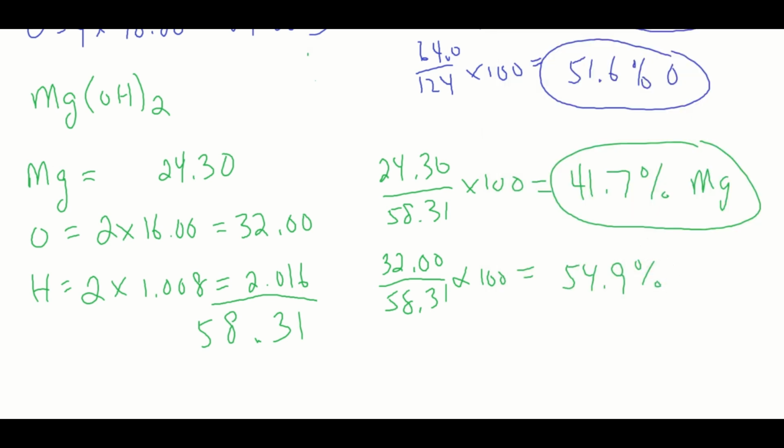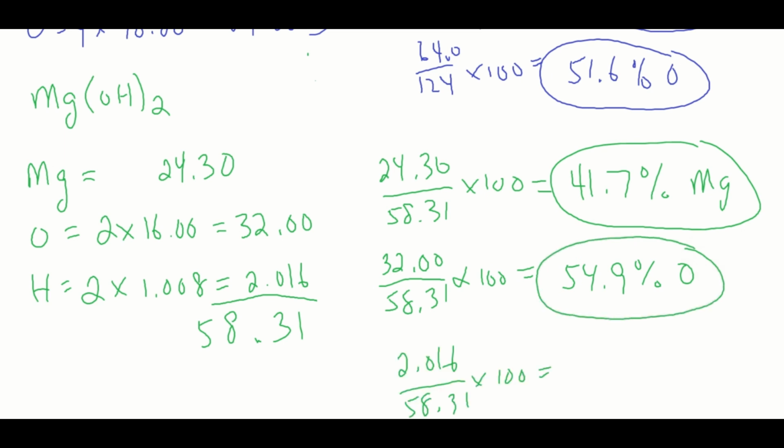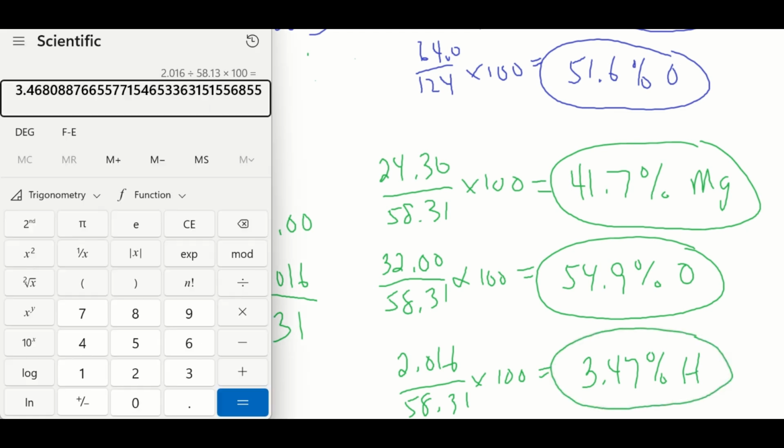The next percent is oxygen. 3.47% is hydrogen. Let's double check our work. We can add these up. We get 100%.